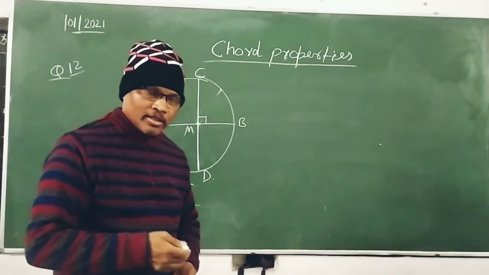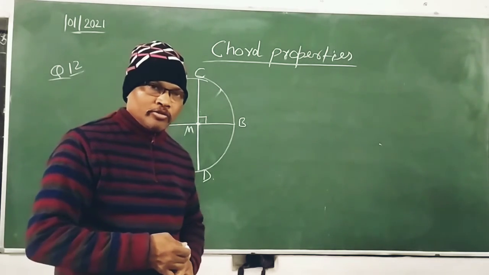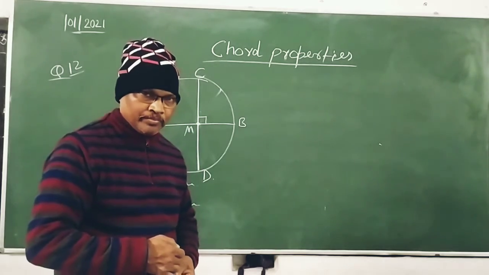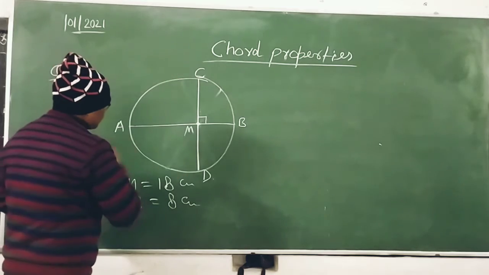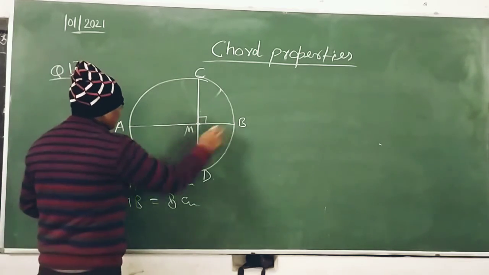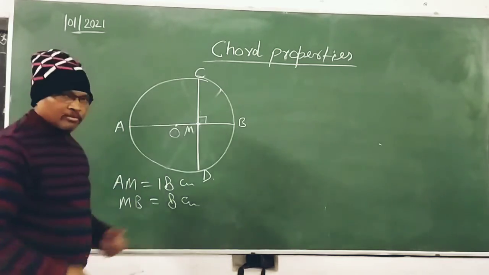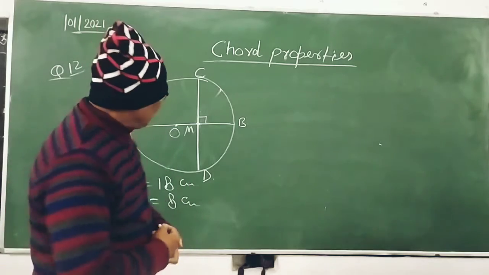In this question या कहीं भी when anybody talks about the shortest distance, so you just tell that the perpendicular distance is the shortest. How to find this one? Because AB is the diameter, so it means the center will be on the diameter. ये तो true है, universal कि center तो diameter पे ही होगा.